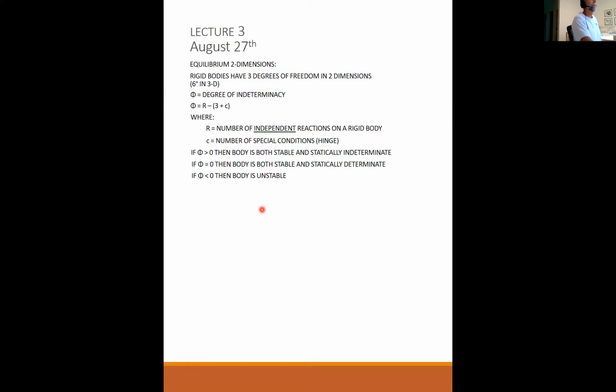Going back to R being the number of independent reactions, as we're going to see when we walk through some of these, it's easy to get fooled by having a phi that's equal to 0 or greater than 0, but the body is actually unstable. That is possible because some of what you think are your reactions are not independent. I'll try to point those out as we go through. But if phi is less than 0, you're done. The body is in motion, it is not stable.